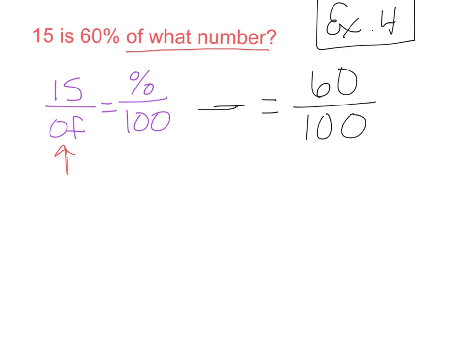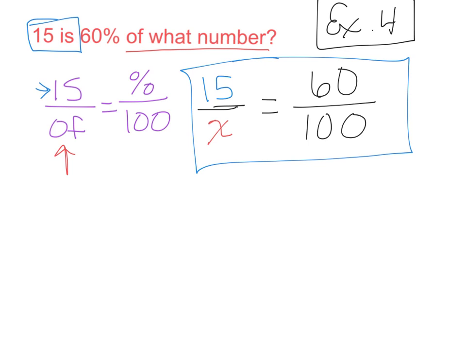So I don't know my of, so that's my x. And now it says 15 is. So my is, which goes here, is my numerator. So basically, we know that 60% of something is going to be 15. We just don't know what that something is.